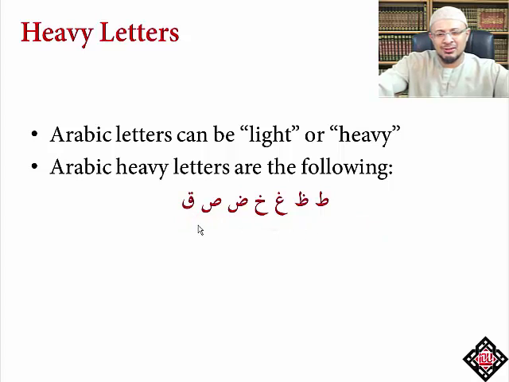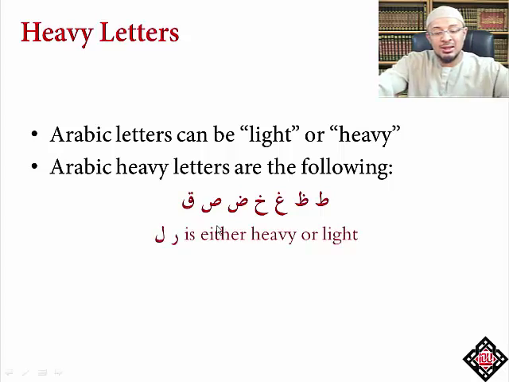All these are heavy, and if you've listened to me, hopefully you appreciate that, yes, these letters are a little bit heavy, versus other letters like ba, ta, tha, jim, ha. Those are light letters. But there are two letters which can sometimes be heavy, and these are the letters ra, which is usually heavy, and lam, which is usually light.